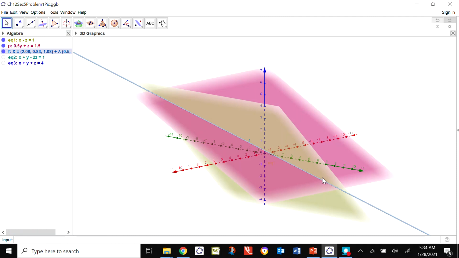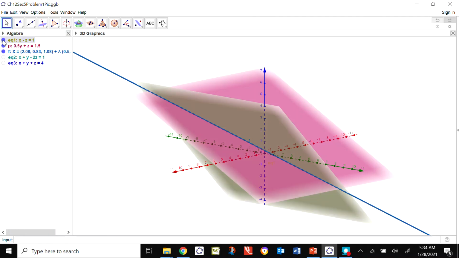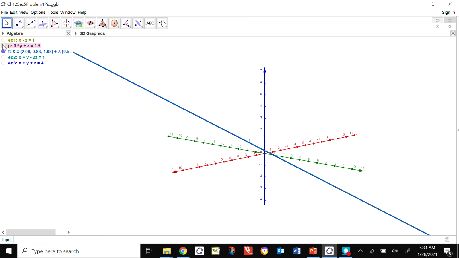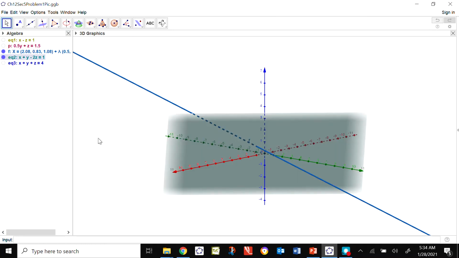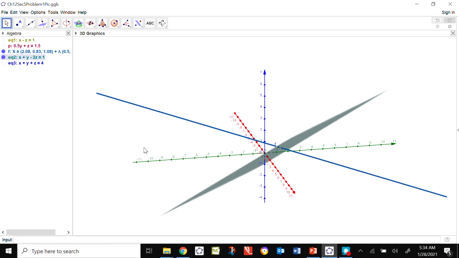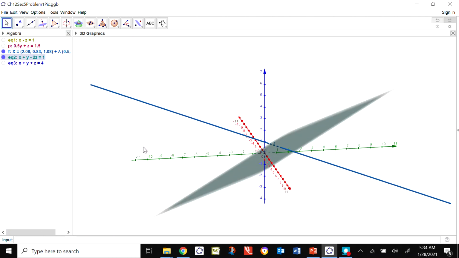Now I'll remove those two planes. I'll keep that line of intersection. And this is the third plane, x plus y minus 2z. It's located like that.